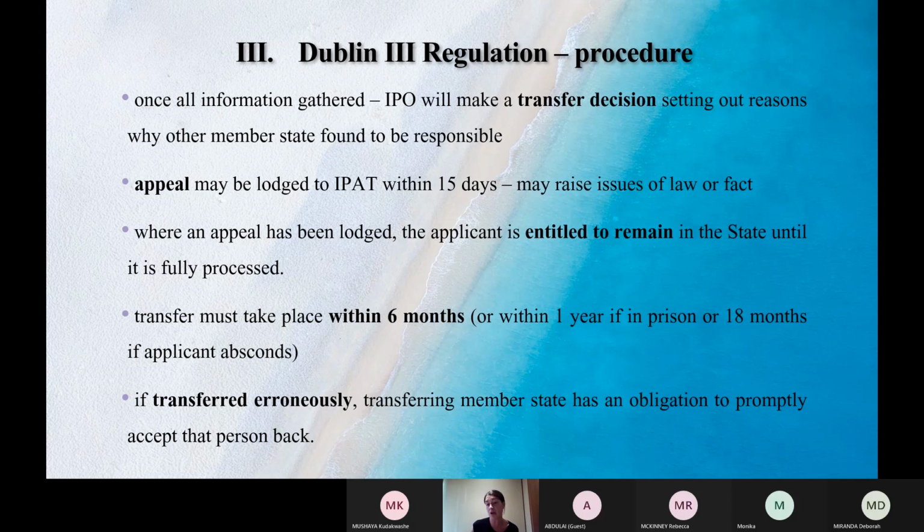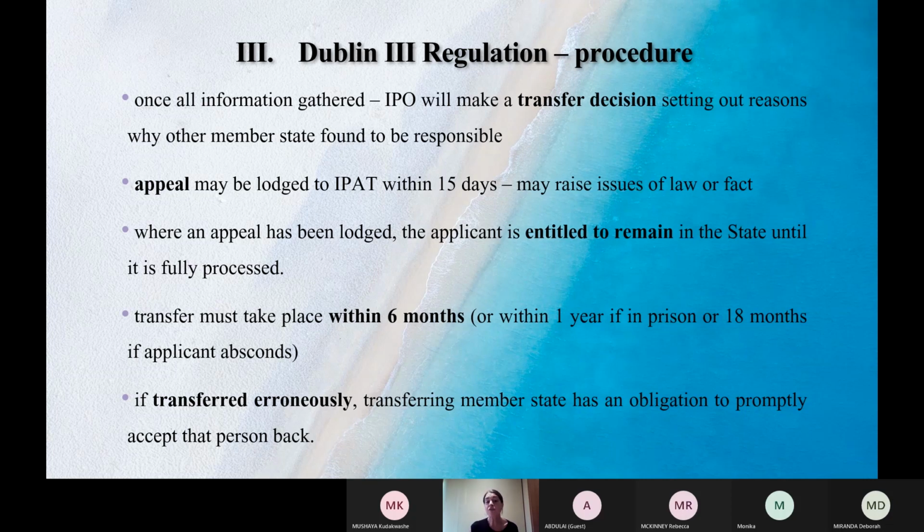If they haven't resided, say, at a certain location where they're required to reside, or they haven't informed the IPO or the minister of their updated address, then they're deemed to have absconded. So it's important to update any changes of address to the minister, because if the 6 months expires, Ireland must examine the application, but if you haven't updated the minister with your address, it goes to 18 months, which is obviously significantly longer.